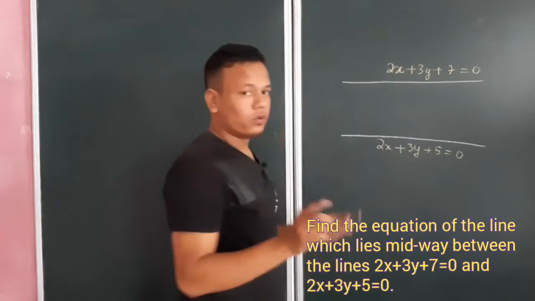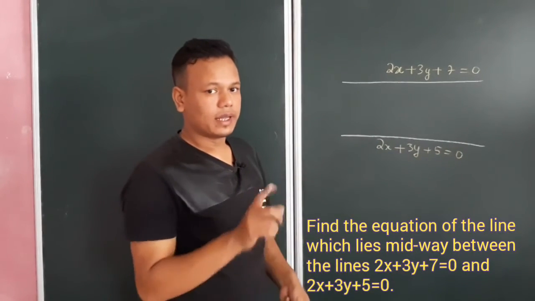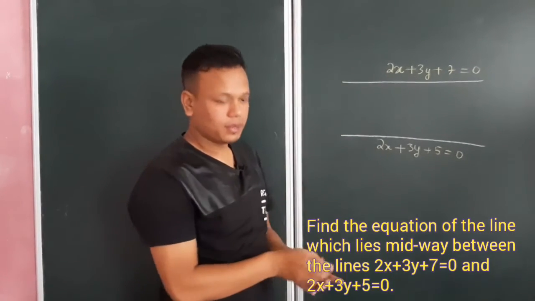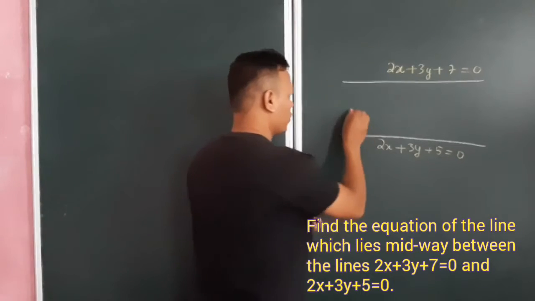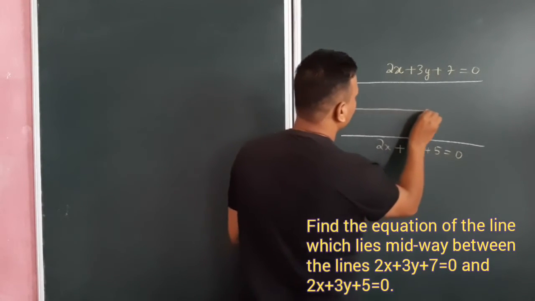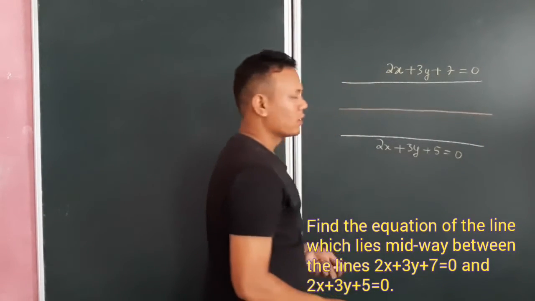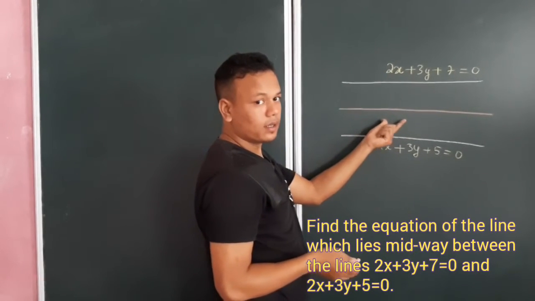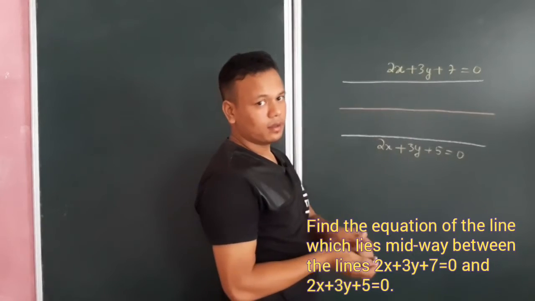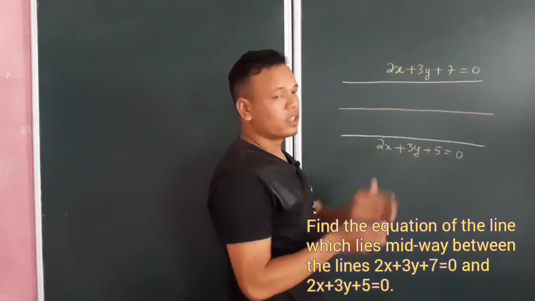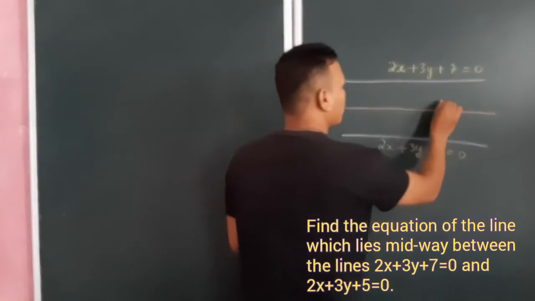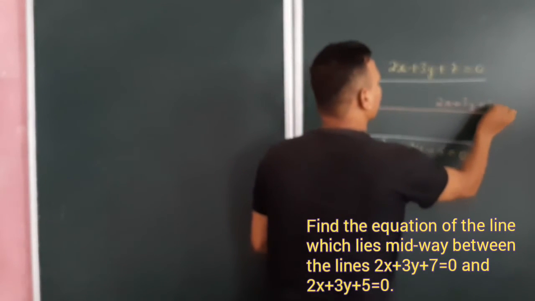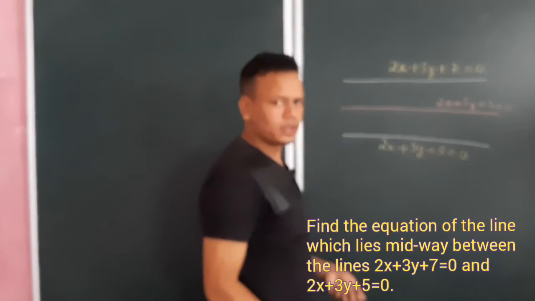Okay, now you need to find the equation of a line which lies midway between these. That means you need to find the equation of this particular line. Now as these two are parallel, this also has to be parallel, right? And equation of any line parallel to a given line will be of the form ax plus by plus lambda equals to 0, isn't it?